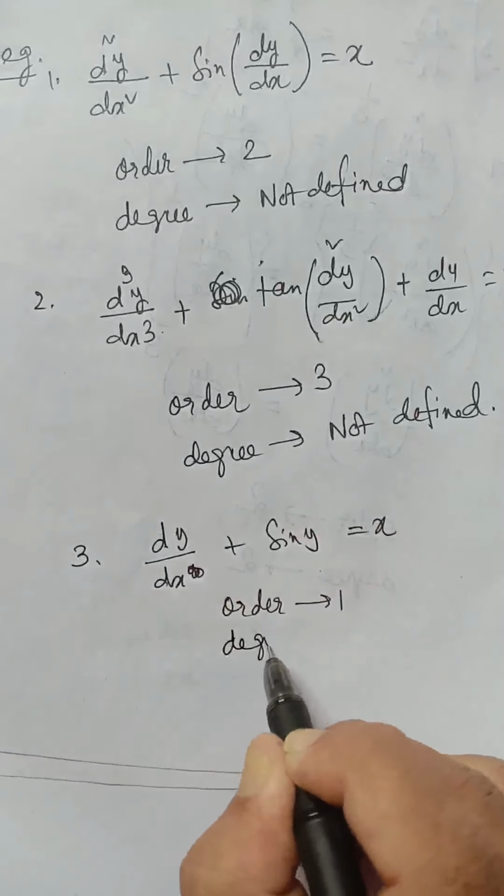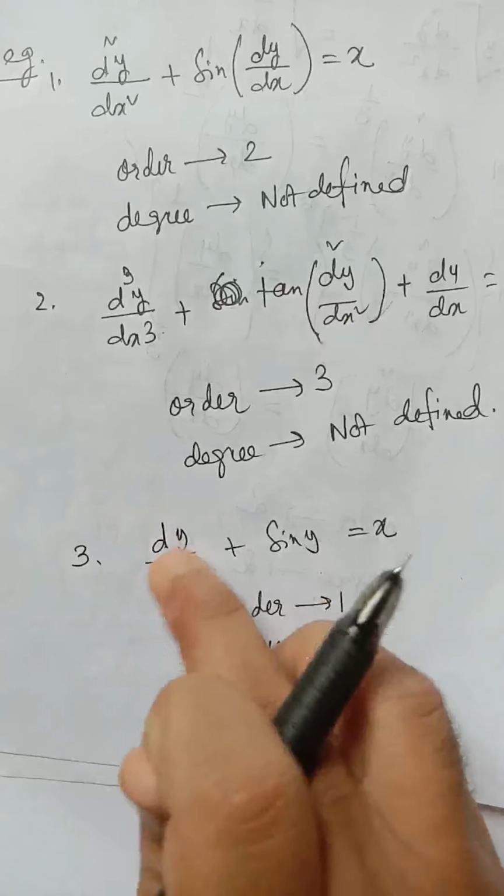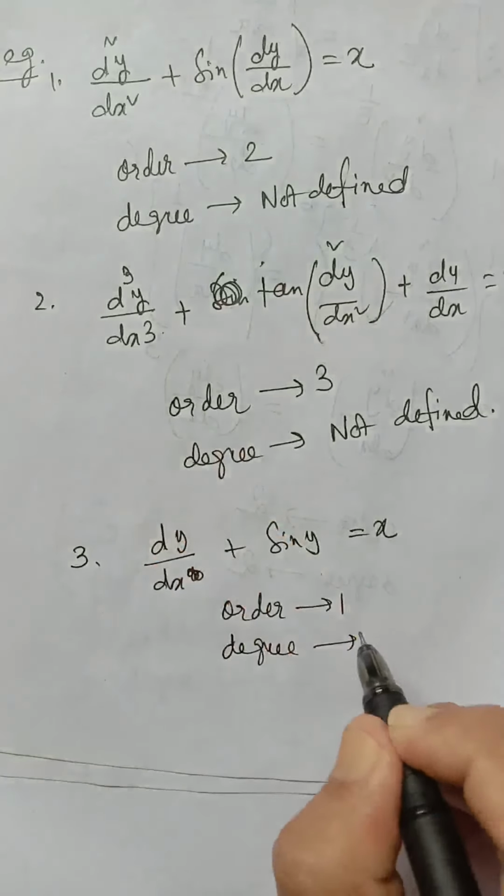Its degree will be 1 here, because highest order is 1 and its degree is also 1. So order 1, degree 1.